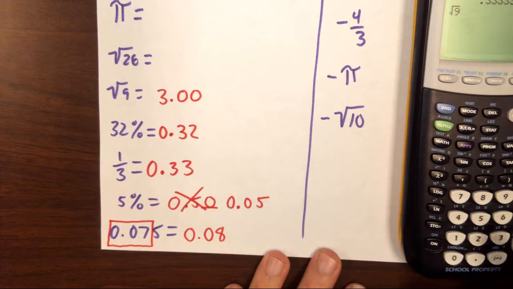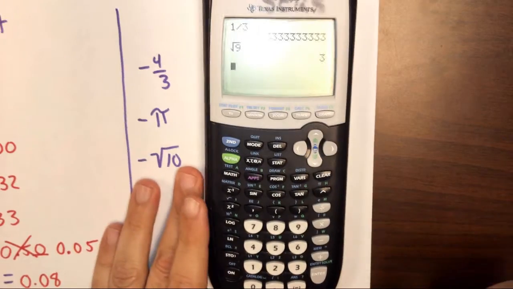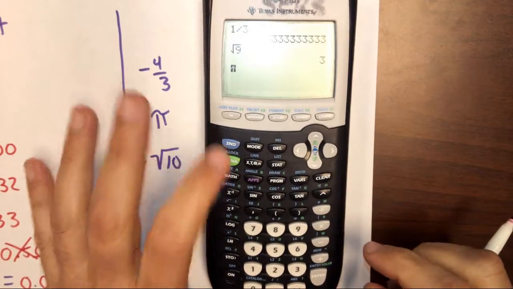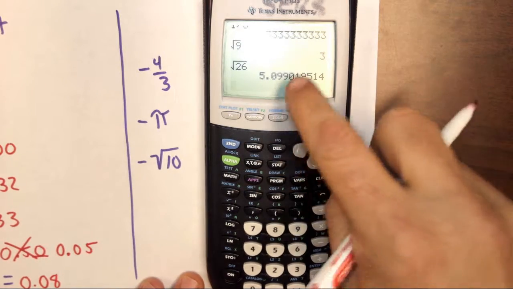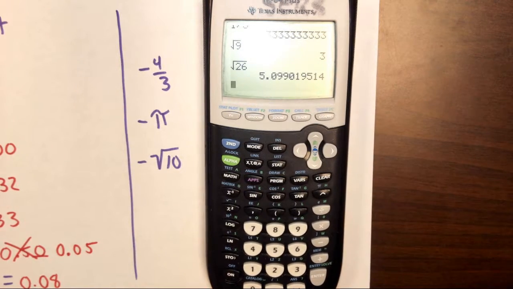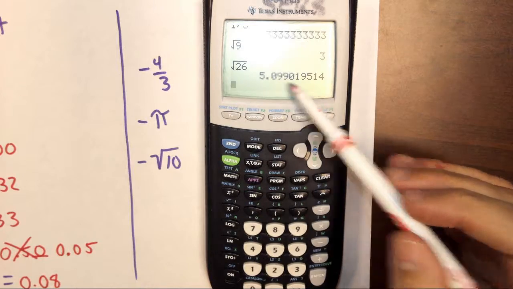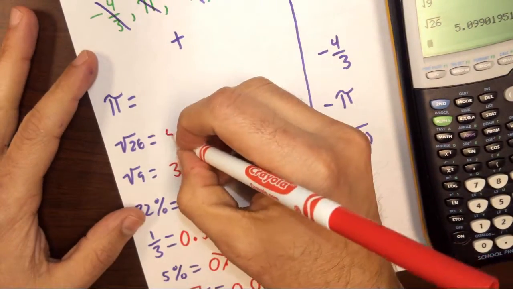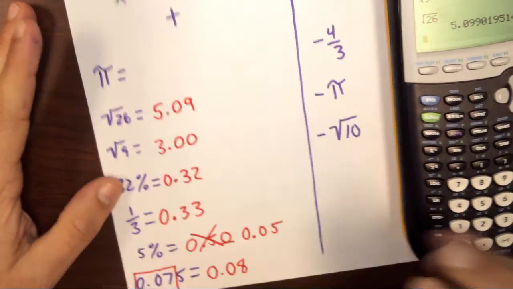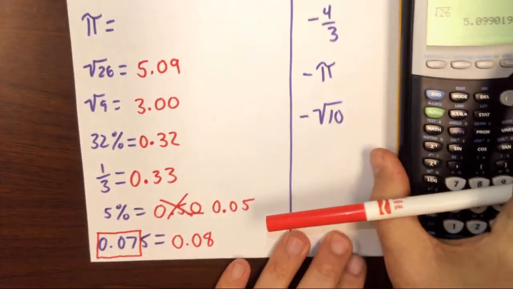It's 3 whole dollars. Now the square root of 26. Boom. 5.09019514. Hey, I'm only concerned with two numbers after the decimal. $5.09. Okay, now that's my biggest number.